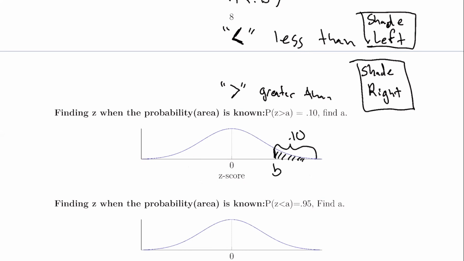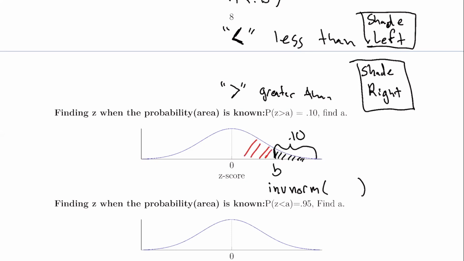All right, so let's do inverse norm. What should I tell it is the probability to the left-hand side? Oh, good job. So you have to remember, whenever you're doing the Z-score, it never wants the probability of the right side. It always wants the probability of the left side.